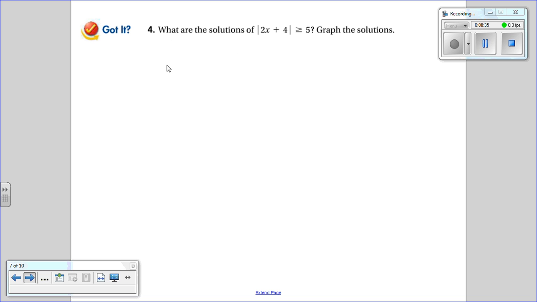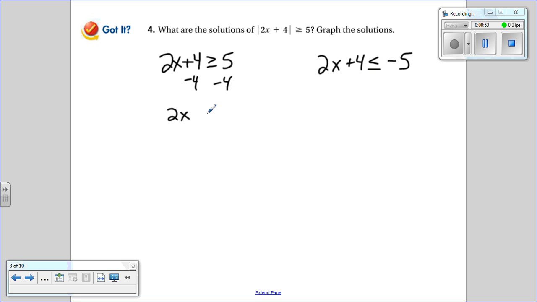Okay, let's try this again. What are the solutions to this? So again, we take off the absolute value symbols and leave it as is. And then we also rewrite it, but change this to negative 5. And since we did that, we have to switch our symbols. Solve both.